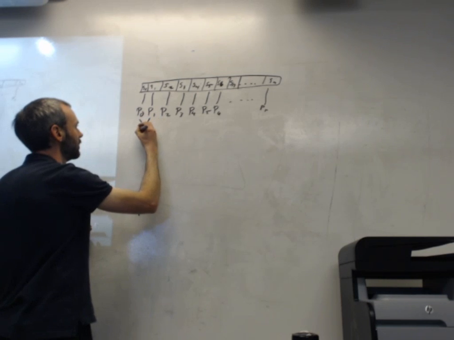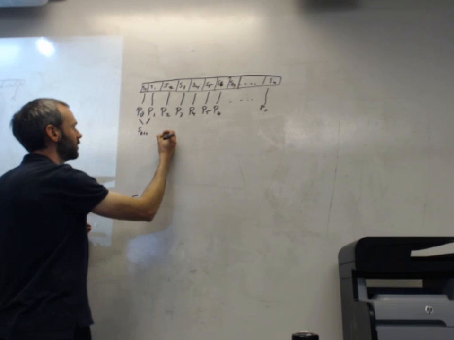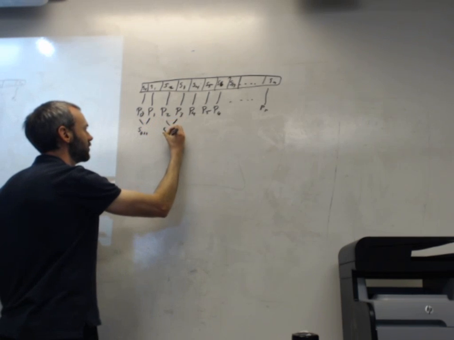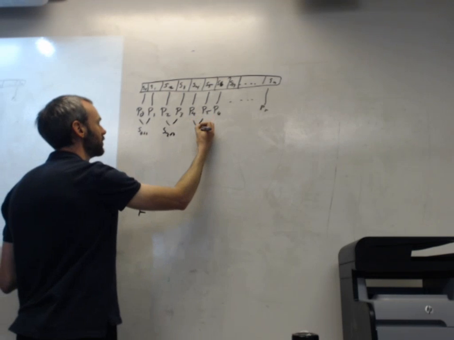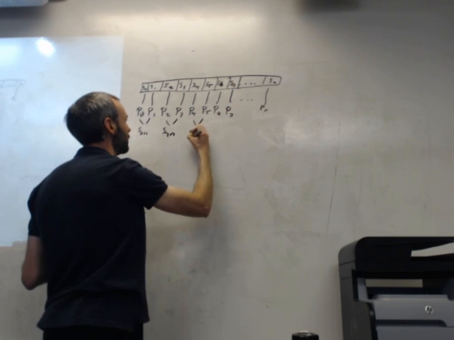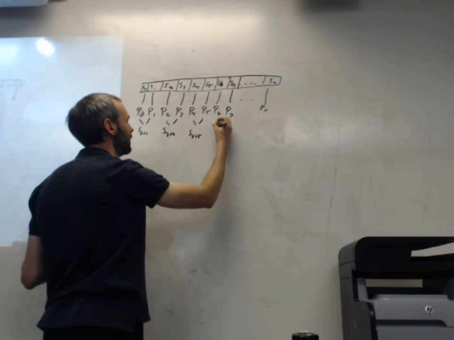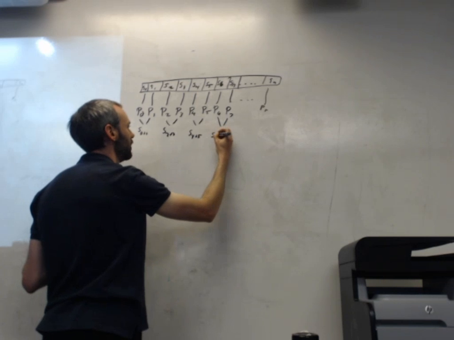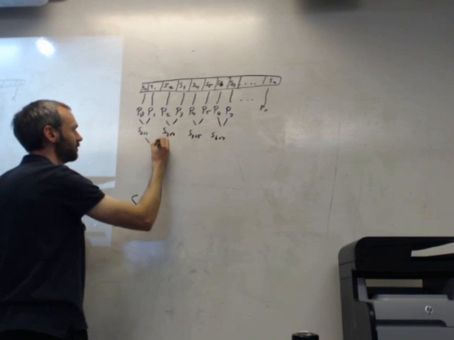So this could become the sum of 0 plus 1, right? Yeah. And this would be the sum of 2 plus 3. And this would be the sum of 4 plus 5. And this could be the sum of 6 and 7? Yeah. And then you want to do it again?